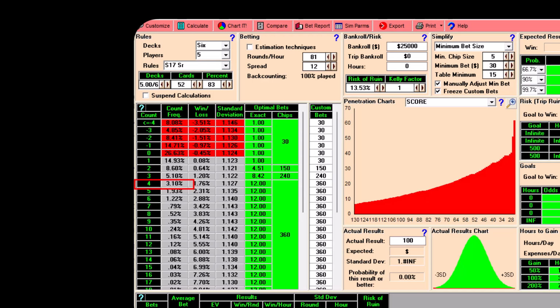Compare that with true count +4, which equals 3.10%. Only about 3 hands out of every 100 occur at +4.